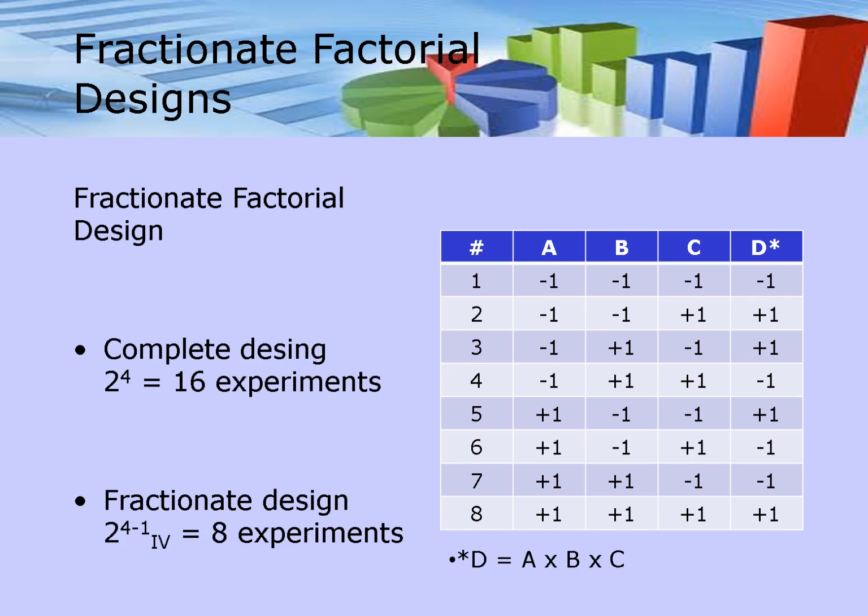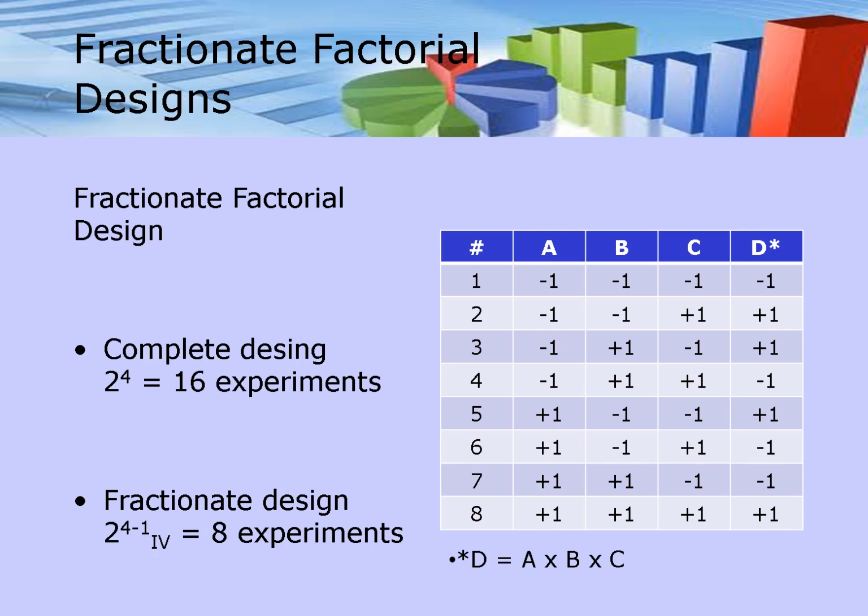The higher the number of factors, the higher the number of experiments. Thus, it may be useful to adopt a fractionated factorial design in order to reduce the number of experiments. For example, using a fractionated factorial design, we can study 4 factors with only 8 experiments instead of the 16 required when using a complete factorial design.